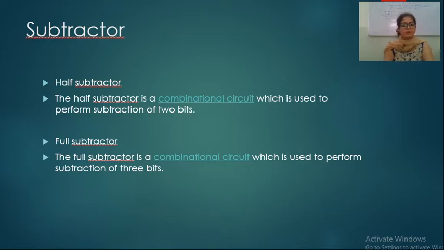So that's all for today. In today's lecture, we have studied different types of gates: what are gates, what is a universal gate, and what types of gates are known as universal gates.